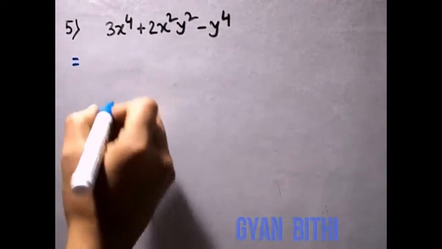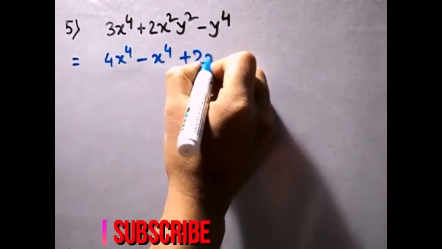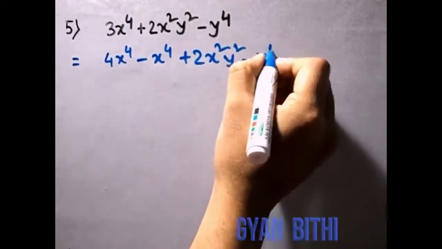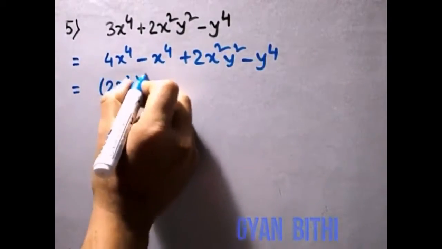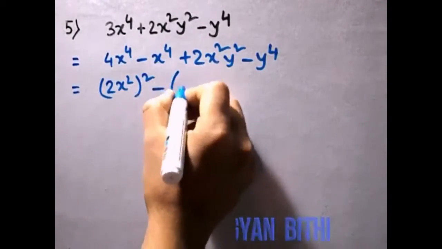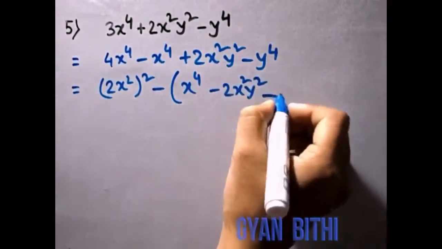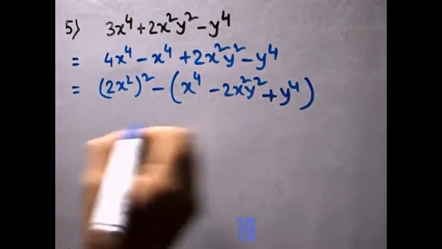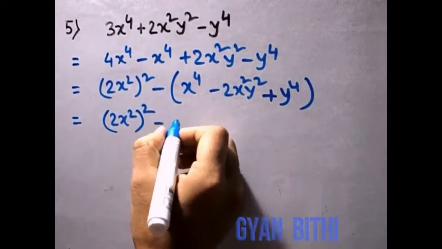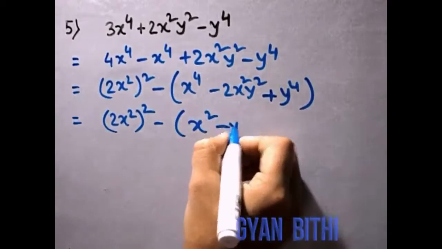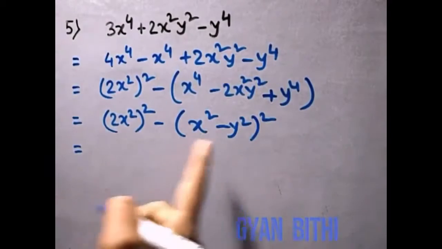This is equal to 4x to the power 4 minus x to the power 4 plus 2x square y square minus y to the power 4, equal to 2x square whole square minus common x to the power 4 minus 2x square y square plus y to the power 4, equal to 2x square whole square minus x square minus y square whole square, a square minus b square form.